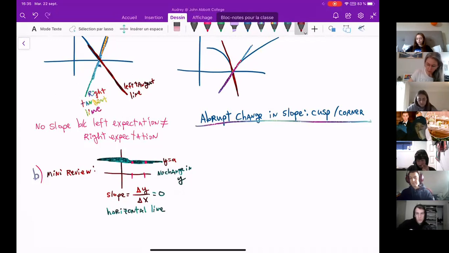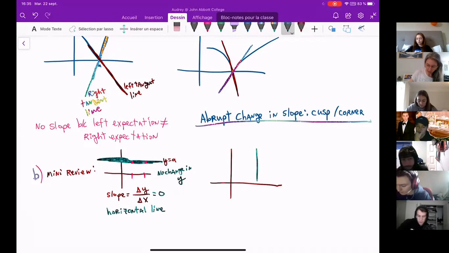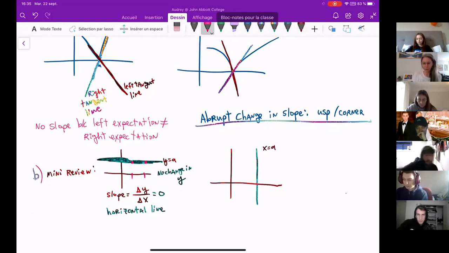If I have a vertical line, it might look something like this, and it's going to be x is equal to a. The same thing, if I have 2 points, I only have one x value. So even if I have 2 different y values, there's a change in y, but it's always the same x value. So there is no change in x.